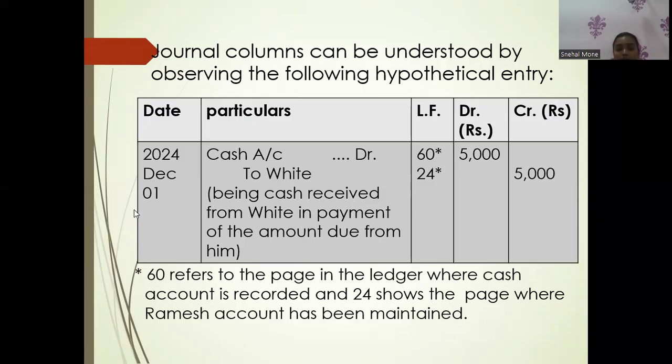The entry will be recorded as: cash account debit 5,000 and the other account credit 5,000. The LF means your bill number, your transaction number. And this is a narration. Narration is compulsory to record in your journal.